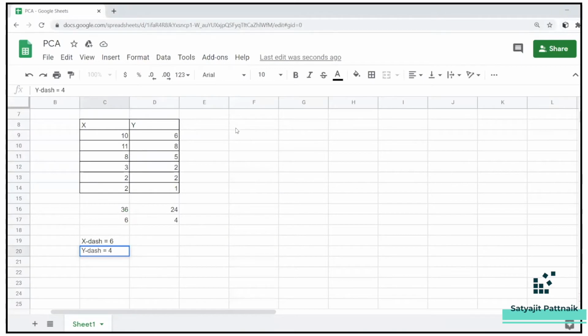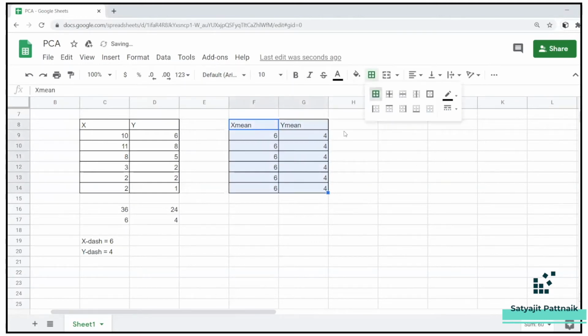Okay, so I'll just write it down, x mean, and I'll make it as y mean. I'm just keeping it as 6 throughout and y mean is 4. Okay, so this is my x mean and y mean.